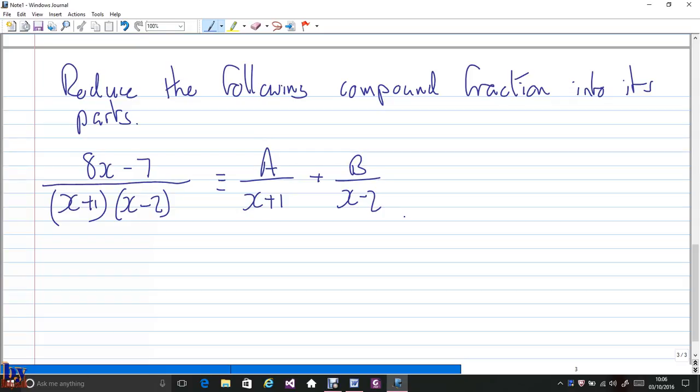The function of x over (x plus a)(x plus b) equates to A over x plus a plus B over x plus b. Well, we know what a and b are. a is one there. Don't forget small letters and big letters. So we can quite happily say then that this compound fraction is made up of these separate parts.